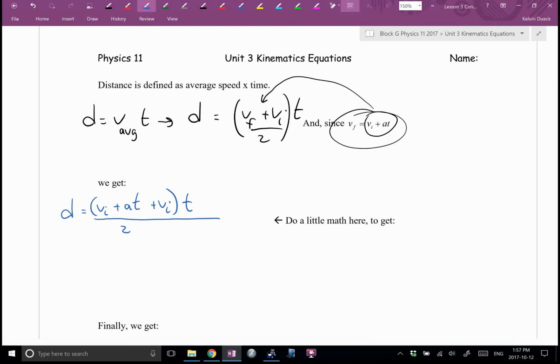Those are like terms. What's 1 VI plus 1 VI? So another way to write this, do a little math here to get 2 VIs plus AT all times T over 2.